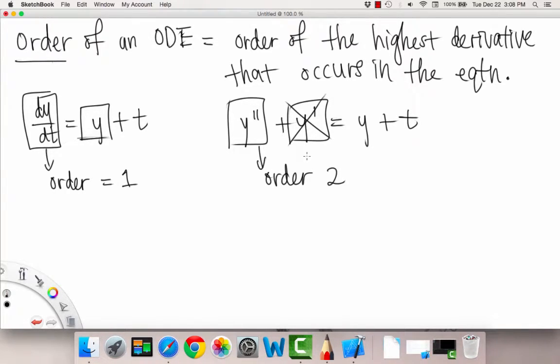Okay? Alright, so something else you might be thinking as well, right now we just learned about ordinary differential equations, but are there other kinds of differential equations? And the answer would be yes.